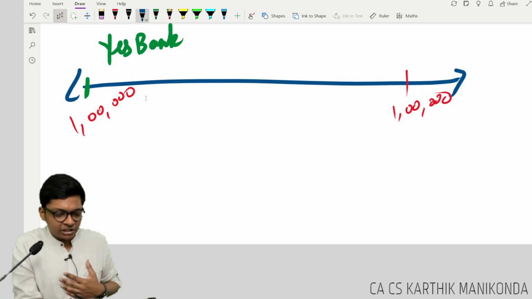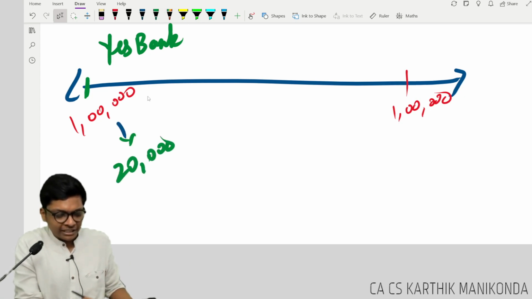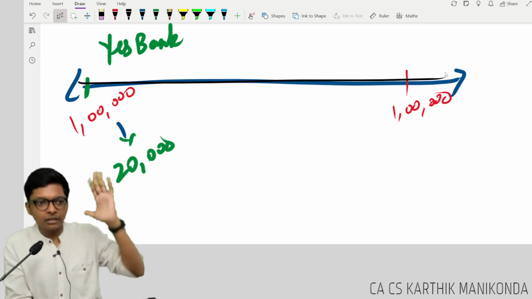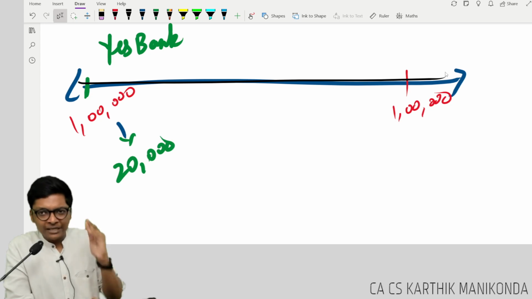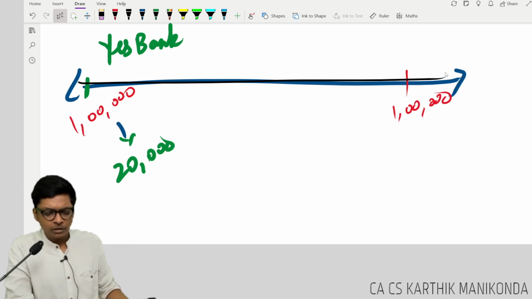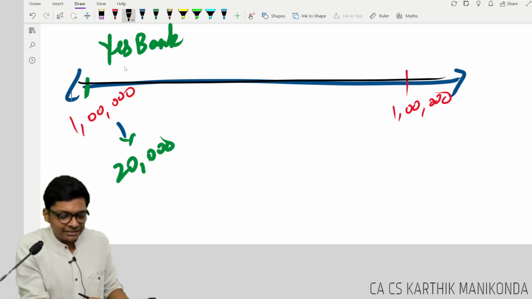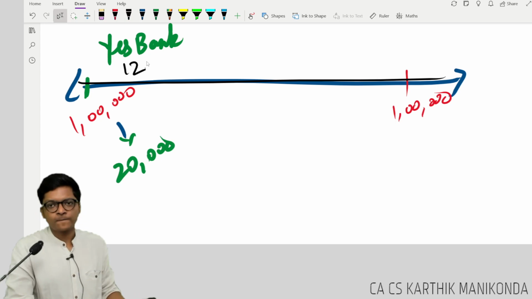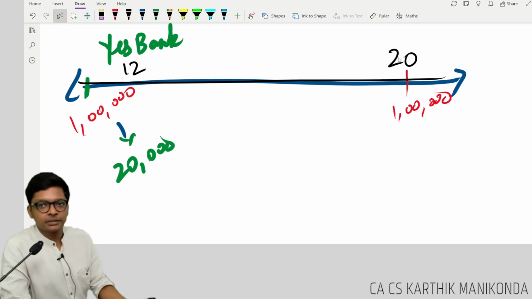Of this 1 lakh shares, Rajaram had 20,000 shares for the whole year. Rajaram is the shareholder of Yes Bank. He purchased on 1st April and is a shareholder for the whole year. The Yes Bank share price at the beginning of the year was, let's say, 12 rupees. At the end of the year, let's say it became 20 rupees.